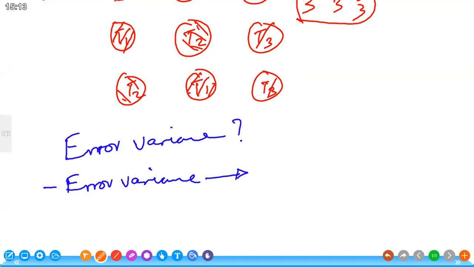What is error variance? Replication is done to obtain the error variance, that is fine. So how can we define the error variance? If we apply the same treatment to 2 or 3 samples, they still vary among each other. That is due to the error variance. If somebody asks what error variance is, you should be able to answer.